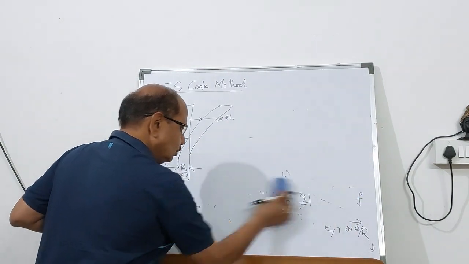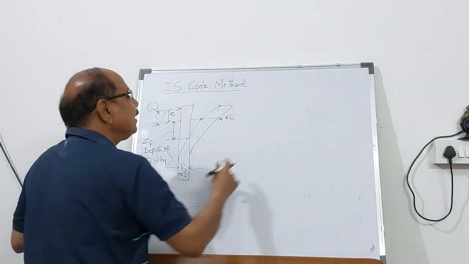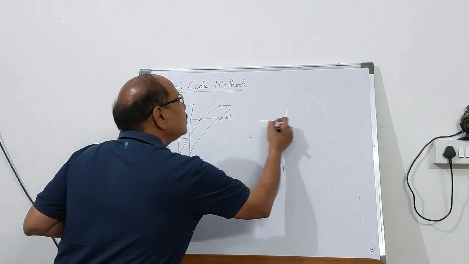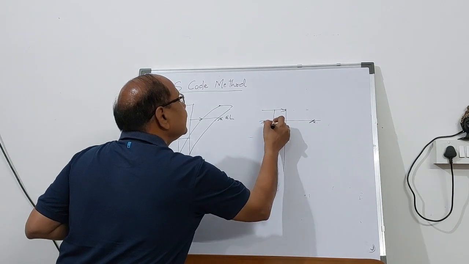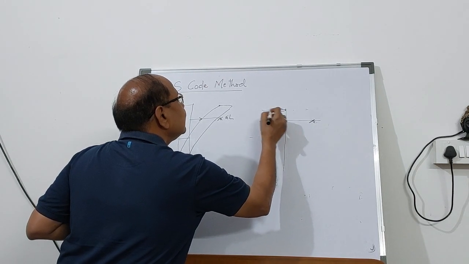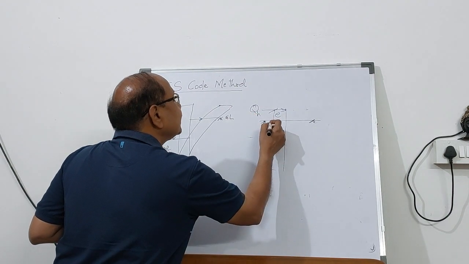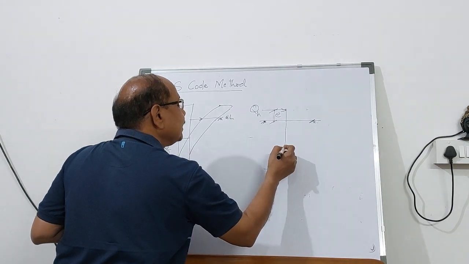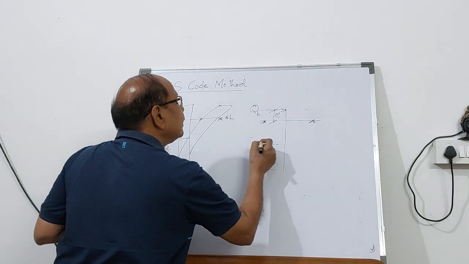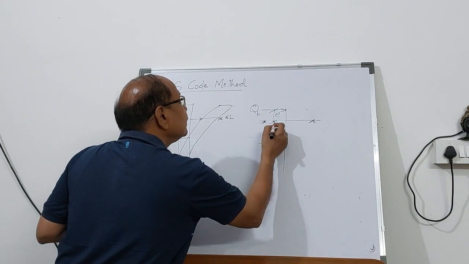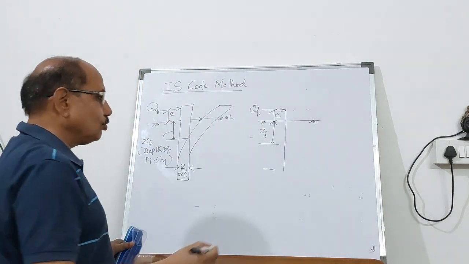Now, if there is a pile embedded into the ground, you know the eccentricity E, and you also know the depth of fixity now. This is the total length of the pile. Let's say this is the depth of fixity, ZF. So E plus ZF you are going to have.